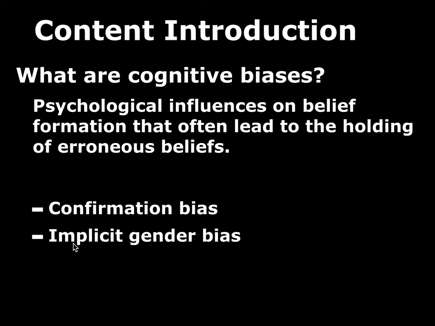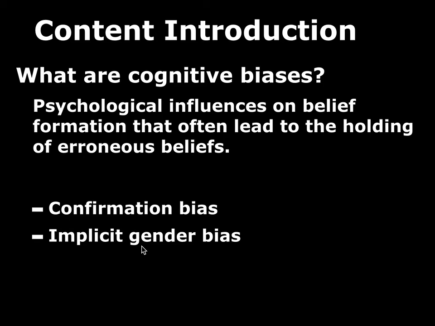What's this word implicit? Well, here's what that means. Implicit gender bias isn't about people who are just overtly sexist or racist or whatever. There are plenty of people like that. There's plenty of racists and plenty of sexists out there who just think that this race is better than that race or whatever. That's bad, but that's not what this is about. This is about something more subtle, which is people's beliefs about these things, even subconsciously.